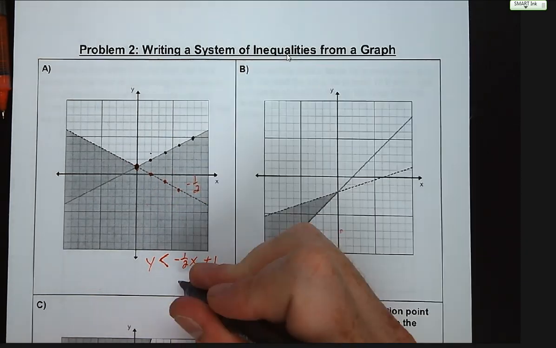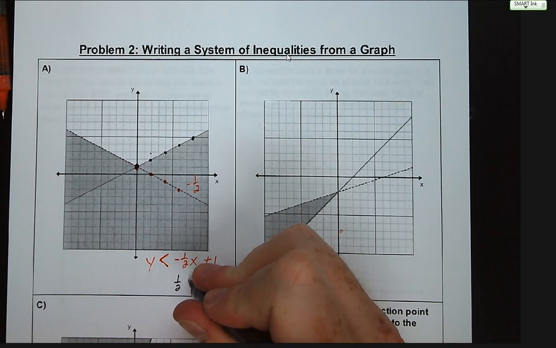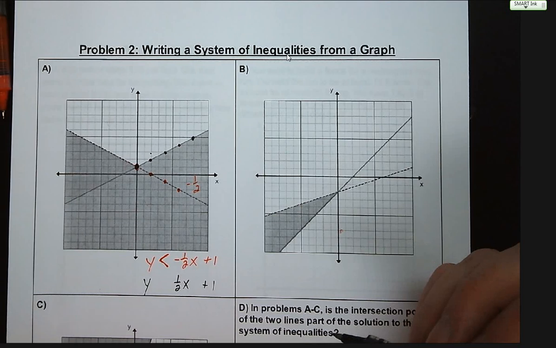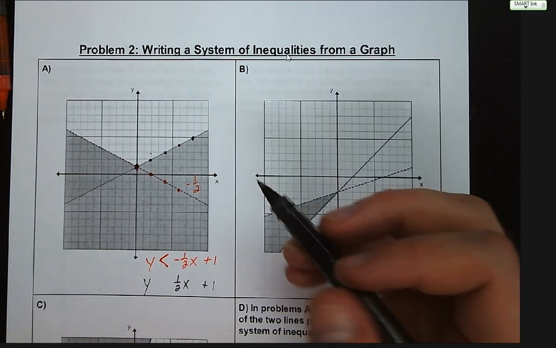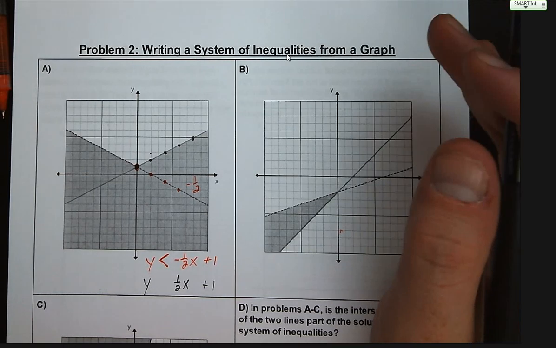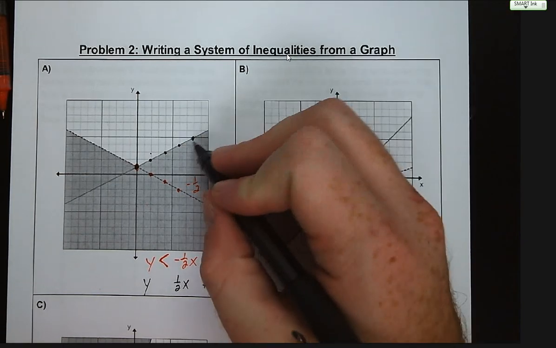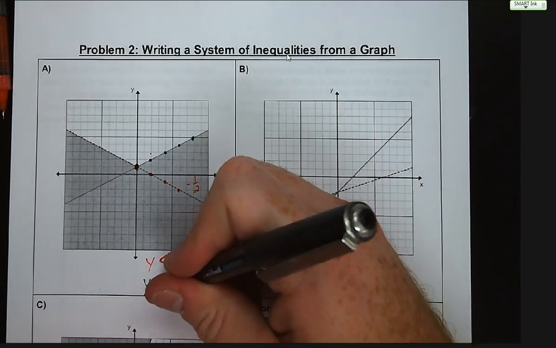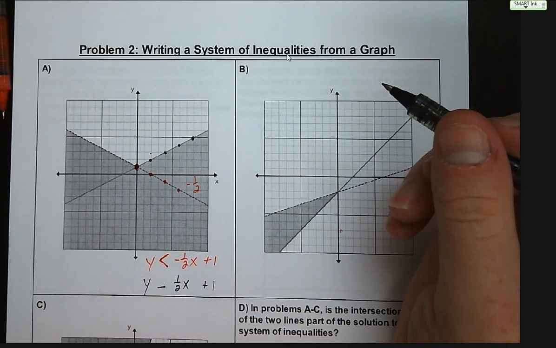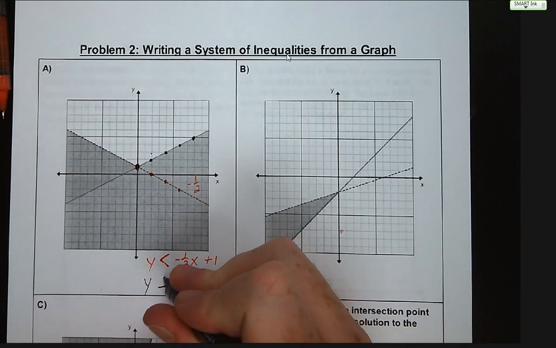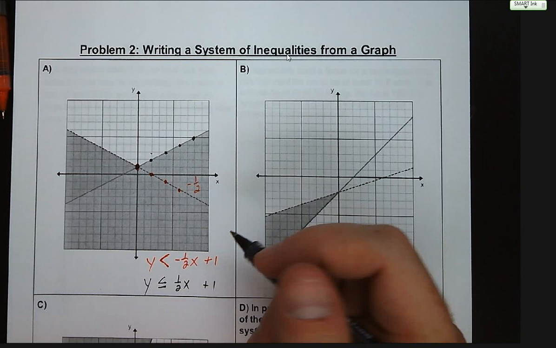So it's going to be +1/2 x, and our variable is y. Now I have to figure out, is it less than, equal to, greater than or equal to? I see that it is a solid line, so it's going to be one of the equal to's. And it looks like I'm shading below it again, so it'll be less than or equal to.